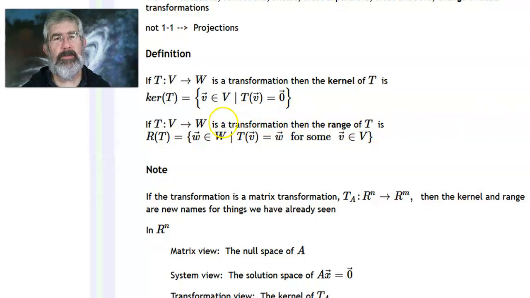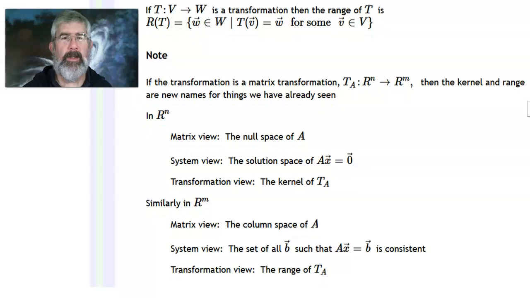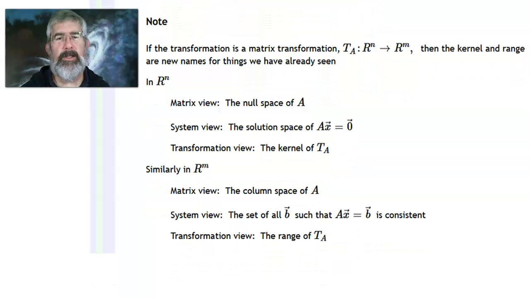These notions are actually very similar to things that we have done before. So if this transformation actually is a matrix transformation, where T sub A goes from Rn to Rm, so A would be an m by n matrix, then the kernel and range are very closely related to other notions that we've talked about this quarter. And in fact, we can think of this in terms of matrices or systems or transformations, right? This new notion of the kernel is exactly the same thing as the null space.